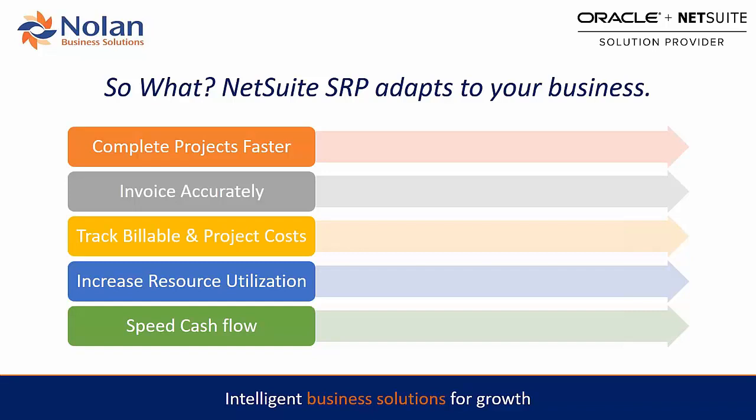It allows you to complete projects faster by making you more organized, allowing you to organize your resources. It allows you to invoice accurately through automation, not having to calculate costs manually. It allows you to track billable and project costs, increase resource utilization, and speed up cash flow essentially, all through professional services automation.